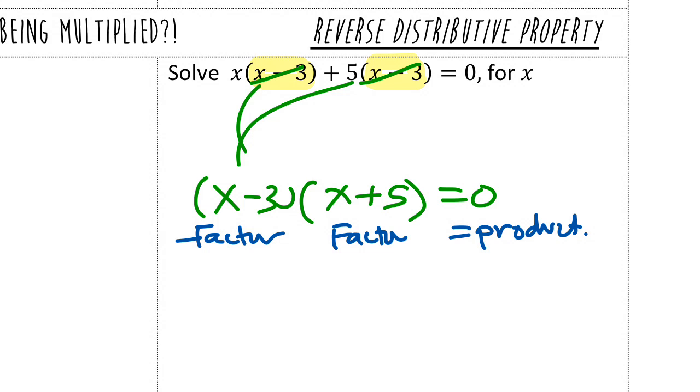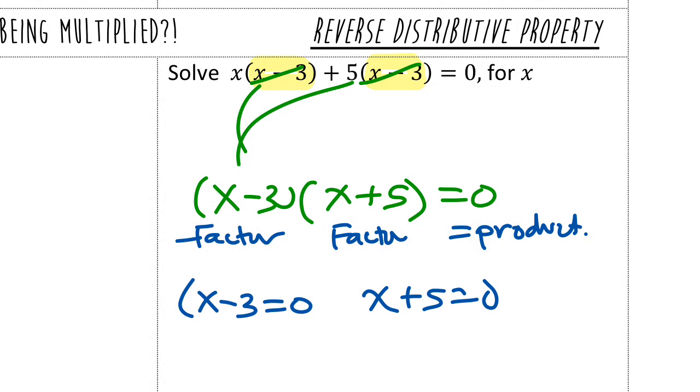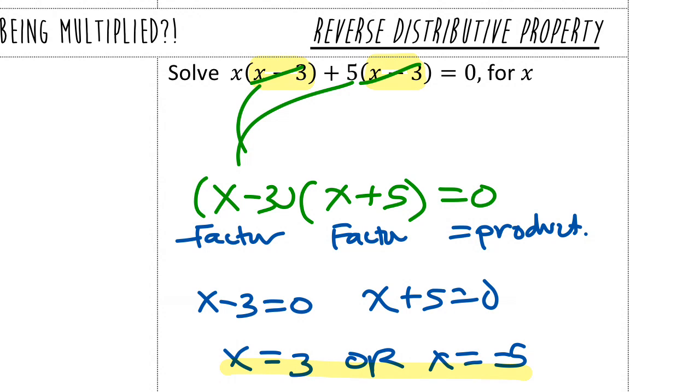You set each factor equal to 0, and you solve each of the new equations that you have. Okay, so x equals 3 or x equals negative 5. That means this equation is true when x equals 3 or when x equals negative 5.